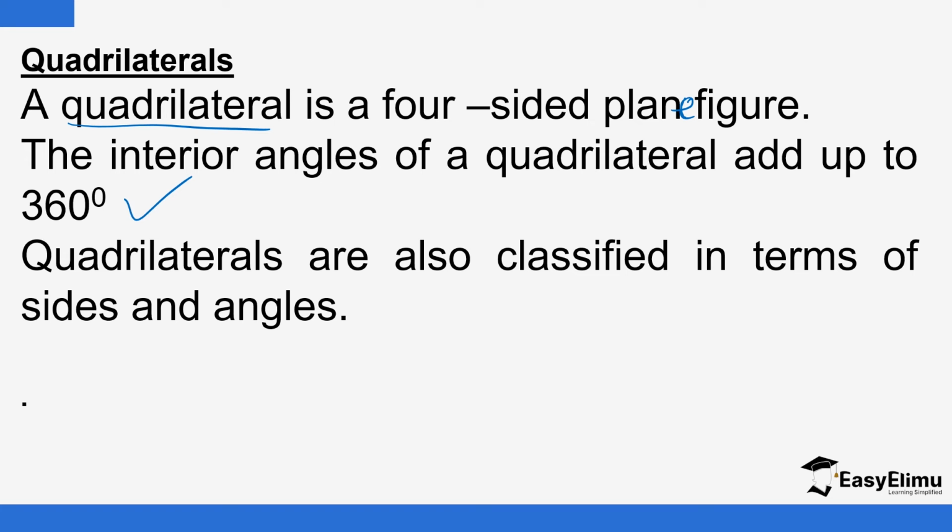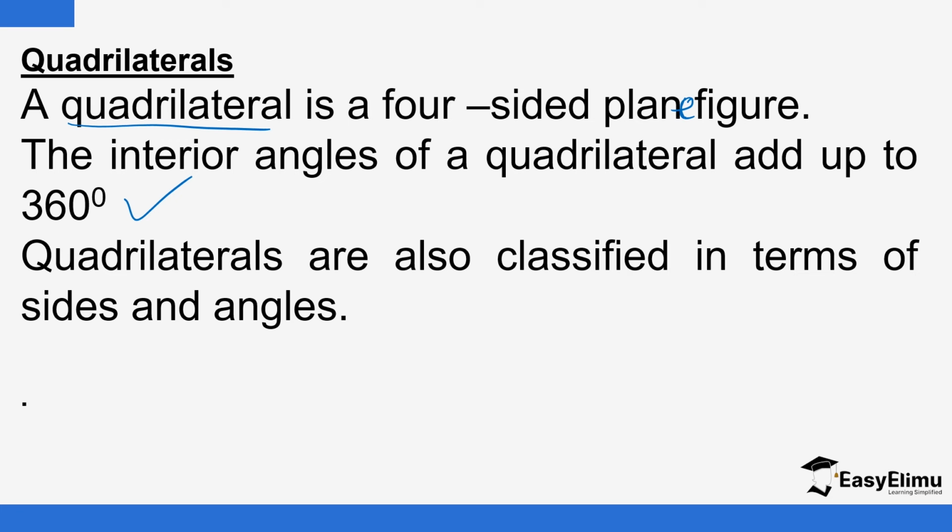In the previous slide, we also looked at classifications of triangles. Similarly, we also have classifications of quadrilaterals, or rather, they are classified into different categories. We have things like rectangles, trapezia, parallelograms, and so on and so forth.